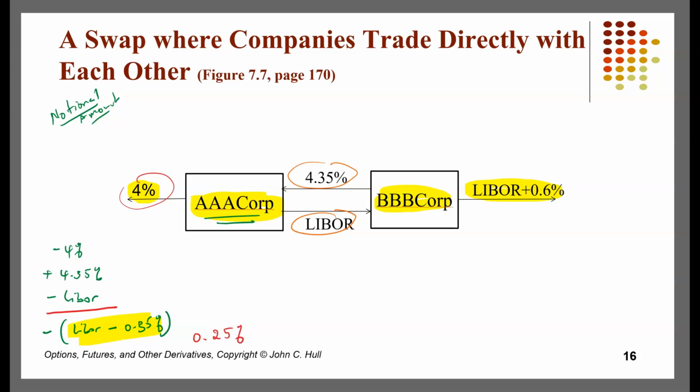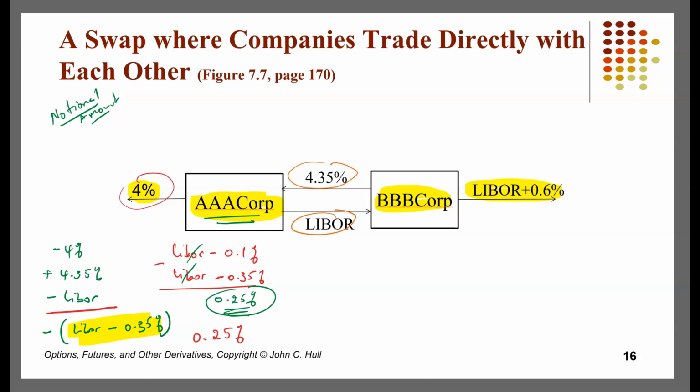AAA could have borrowed at LIBOR minus 0.1%, but they're actually borrowing at LIBOR minus 0.35%, and the difference between the two is LIBOR, minus 0.1 plus 0.35. That's 0.25%. So AAA is saving 0.25%.